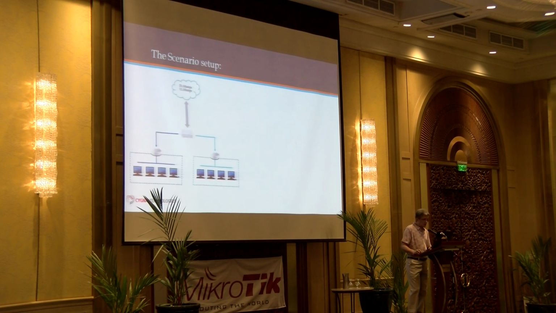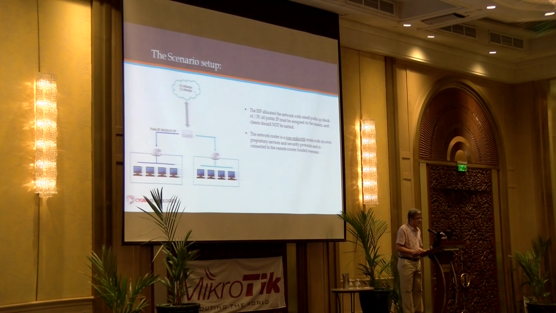Now, let's say we have a scenario like this. The ISP allocated the network with a small public IP, and all public IPs must be assigned to the routers, and clients should not be NATed. The network router is a non-Mikrotik router with its own proprietary services. Have you experienced a router in a network that you cannot replace?